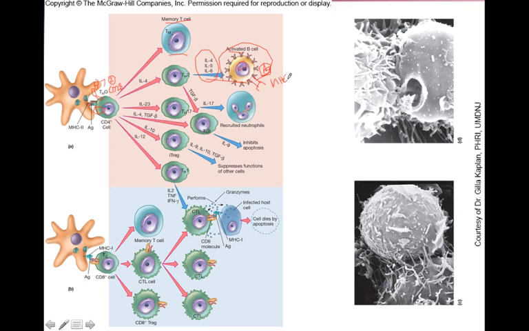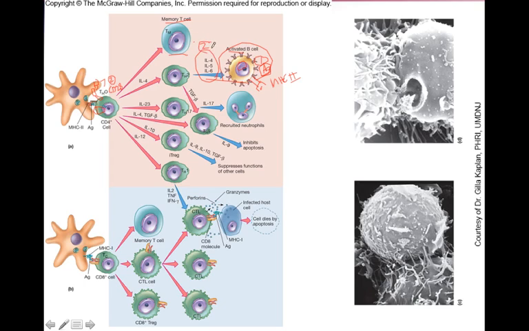That's part of the specific interaction that occurs. It'll present antigen. So this is signal 1, the antigen binding to the B cell receptor for this B cell activation. And signal 2 comes from these cytokines that are released from the T helper cell.